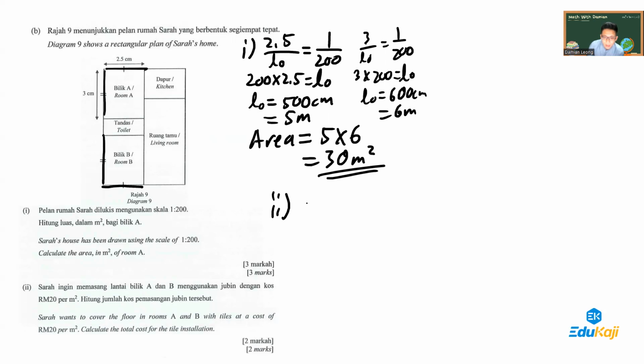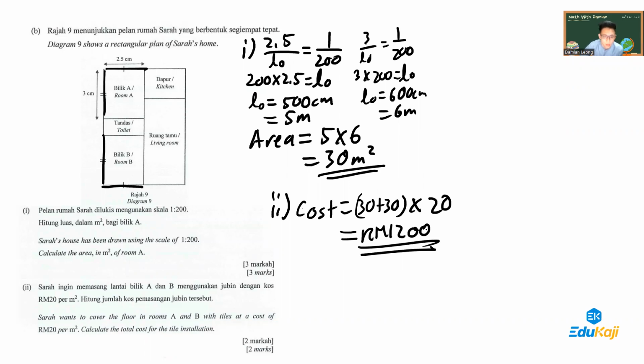Basically, the total cost will be the total area, 30 plus 30, times the 20 ringgit per meter square. So 60 times 20 is 1,200 ringgit. Yeah, that's it.